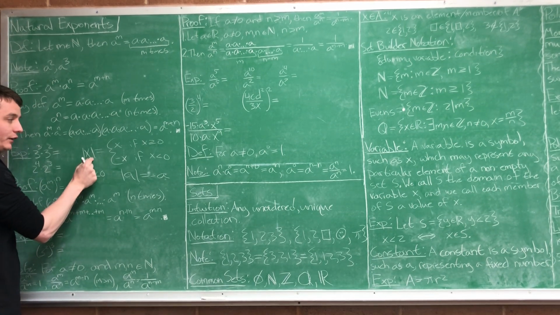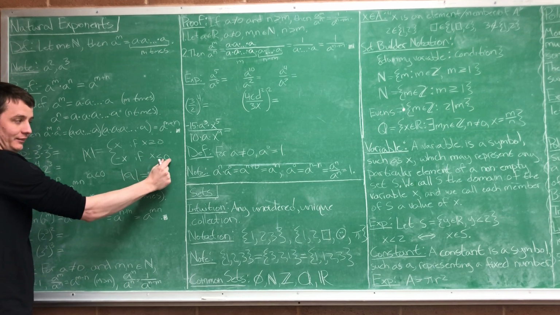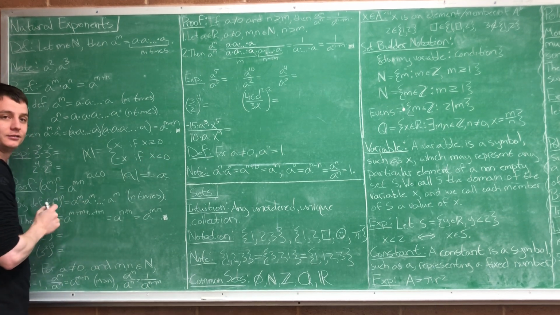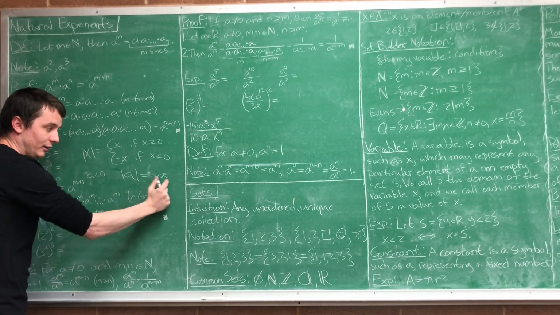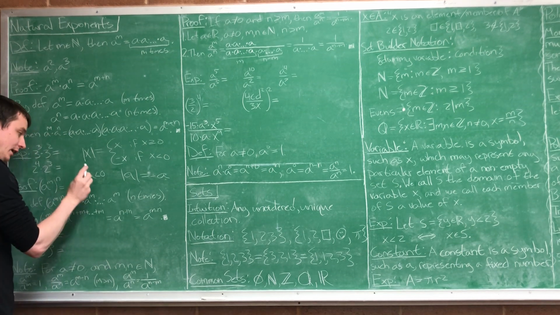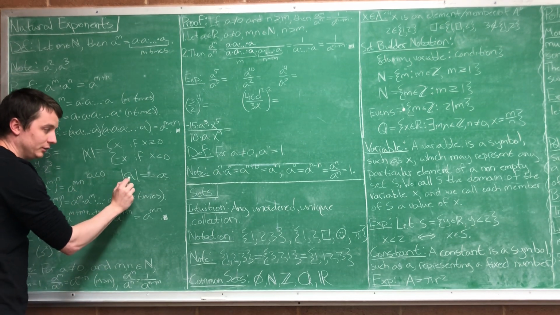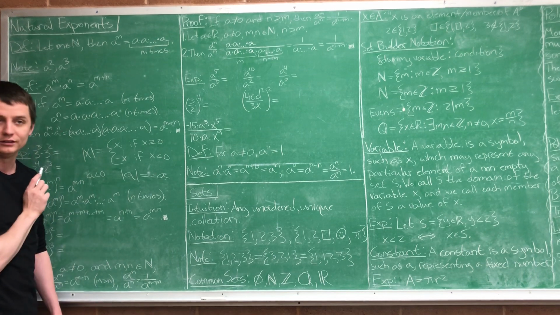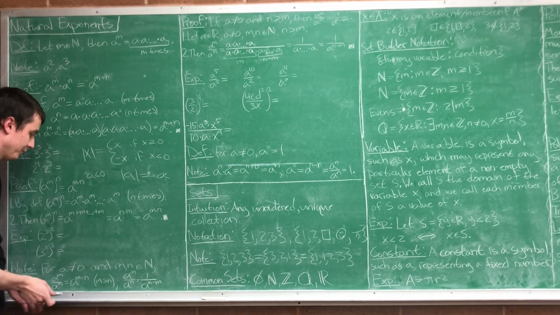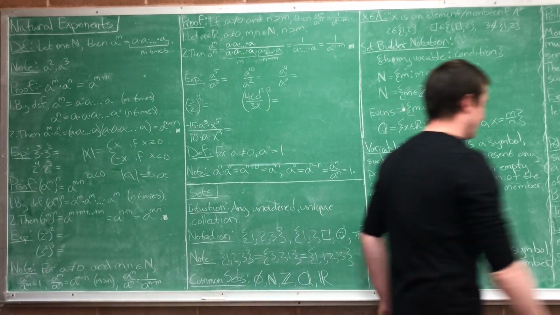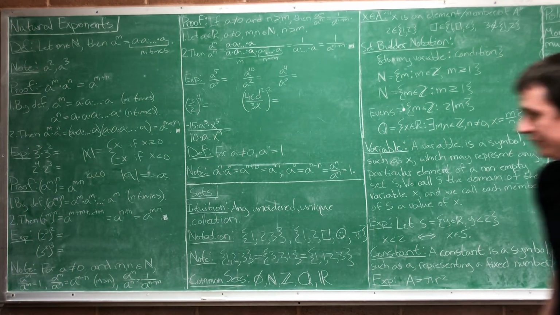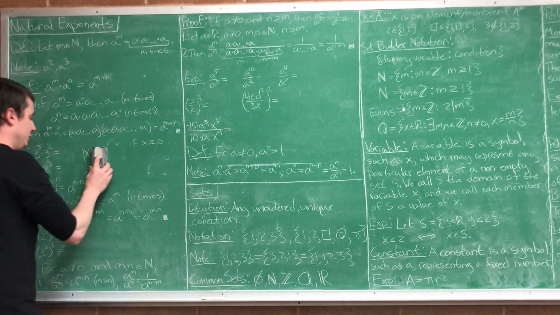We're plugging in a for x. If x is less than 0, we spit out negative x. a is less than 0, so we spit out negative a. So if a were negative 3, then the absolute value of negative 3 is negative a, or positive 3.